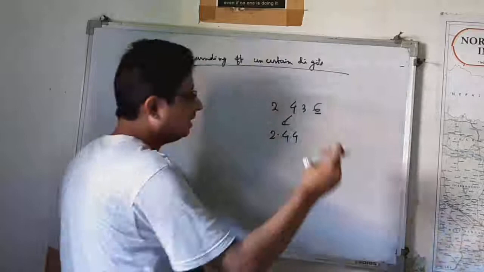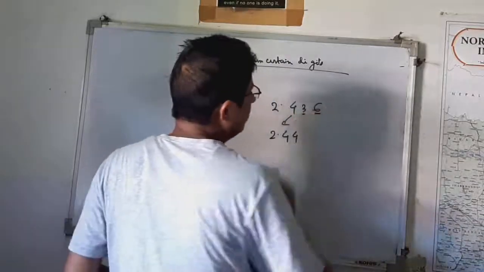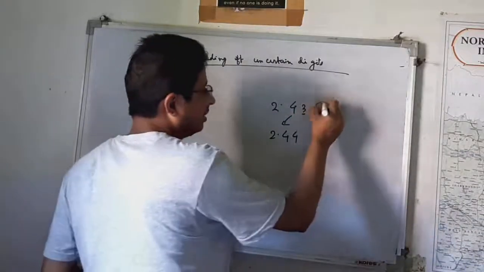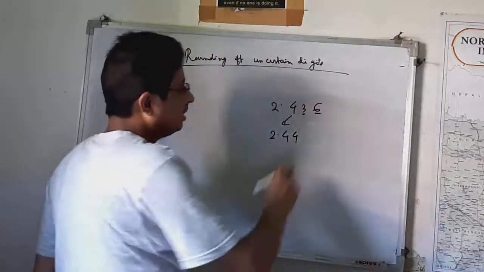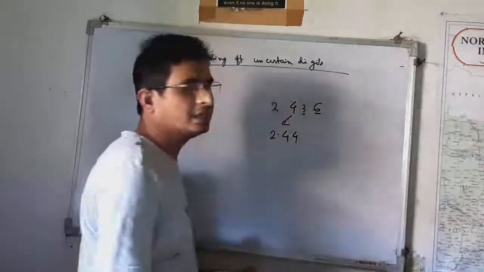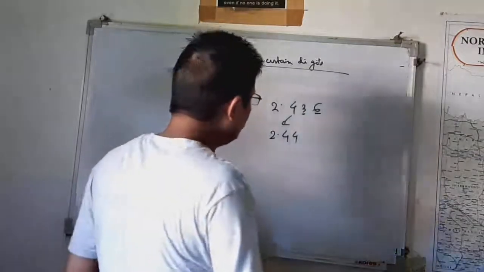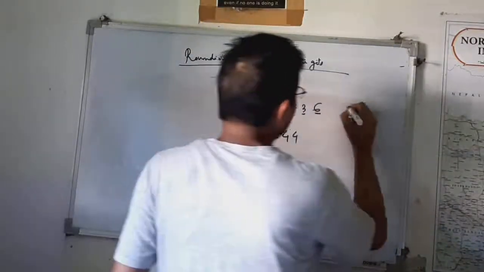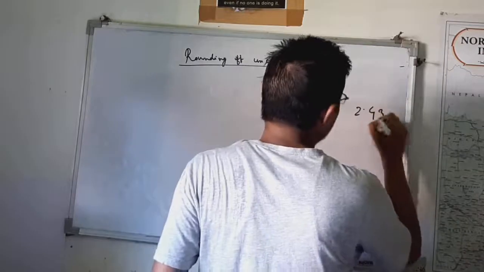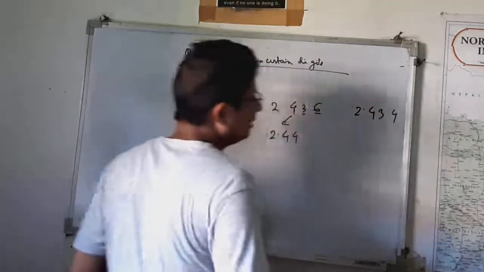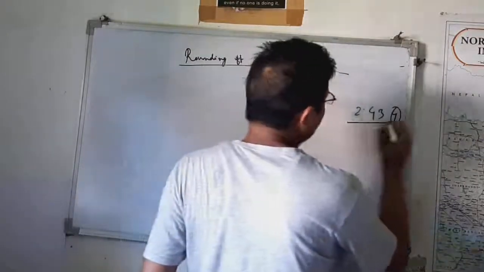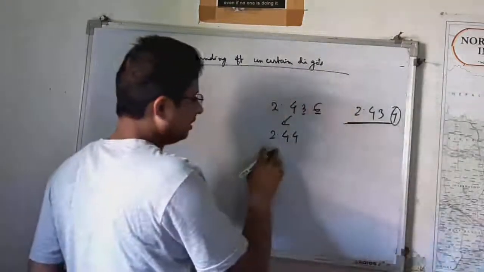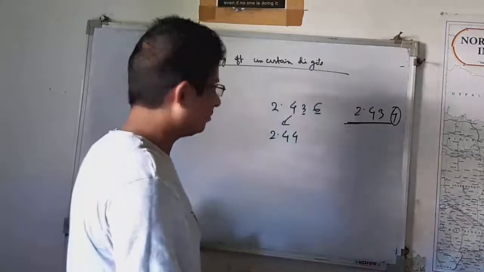We raise the preceding digit by 1 if the last digit is greater than 5. If the value is 2.434, we simply drop the last digit, and our result should be 2.43.